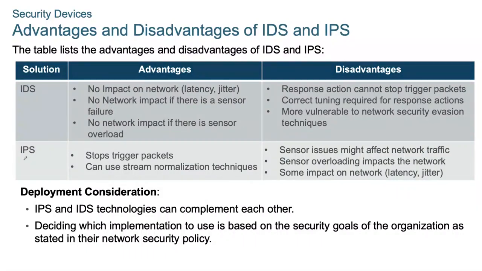In the same way with the intrusion detection system, they don't stop trigger packets, meaning they don't disturb the packets which are coming and going out. They just check whether the signatures are matching or not and try to alert the router management console. And they can use stream normalization techniques. But the disadvantage here is that the IDS response action cannot stop trigger packets.